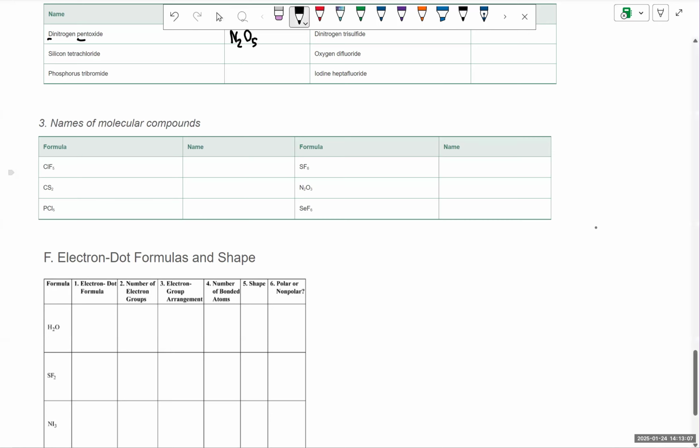So for example, in this case, we'd name this first compound as chlorine. We write the name of our first element. No prefix needed because we just have one chlorine atom. There are 5 fluorine atoms, so we'd use the pent prefix. So this would be chlorine pentafluoride. Remember to adjust the suffix of the second atom to IDE.